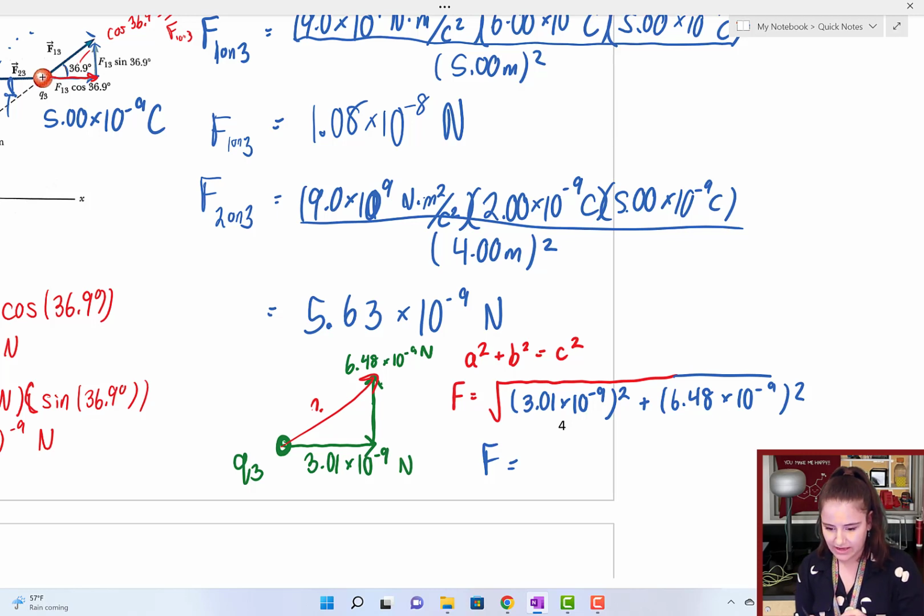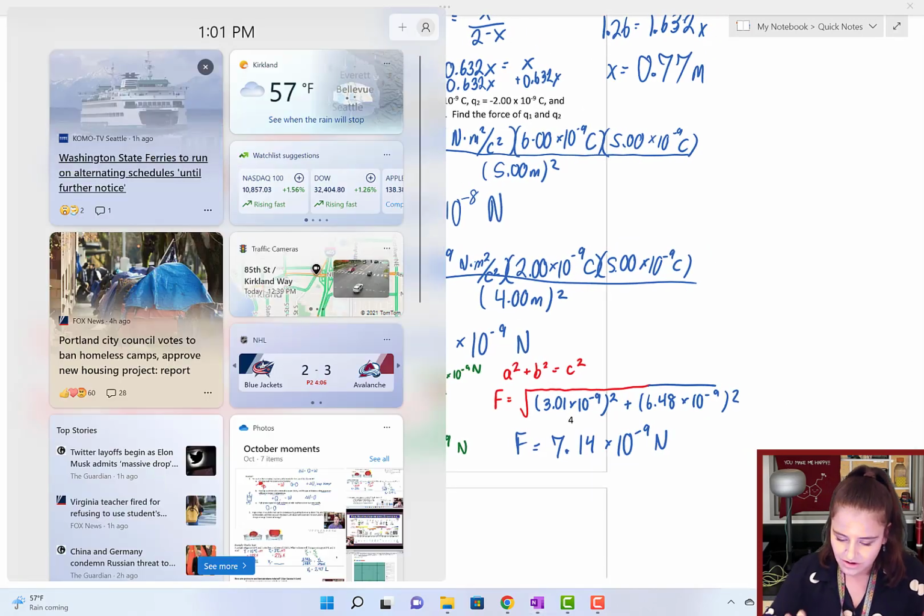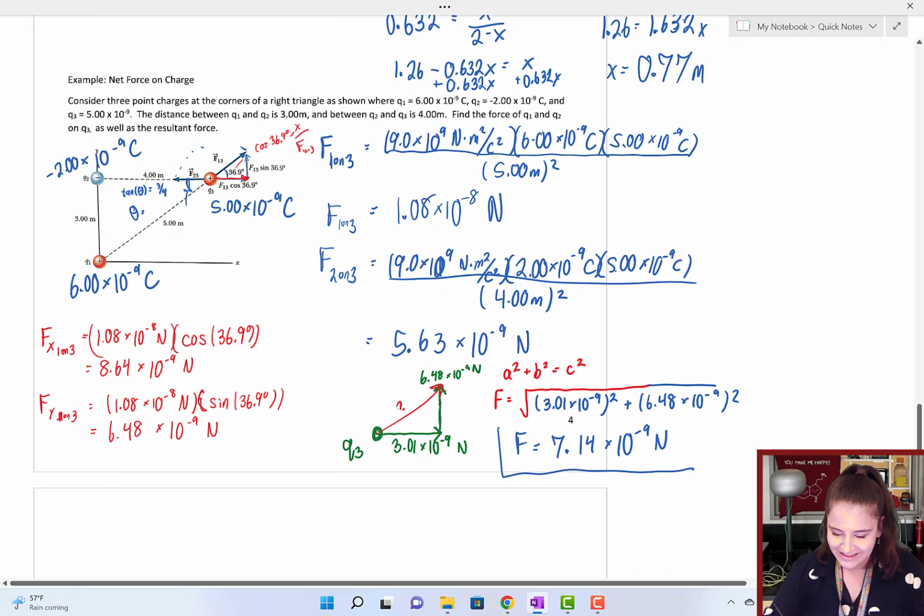Then we take the square root of that answer to get 7.14 times 10 to the negative 9 newtons. So the net force on 3 would be that.